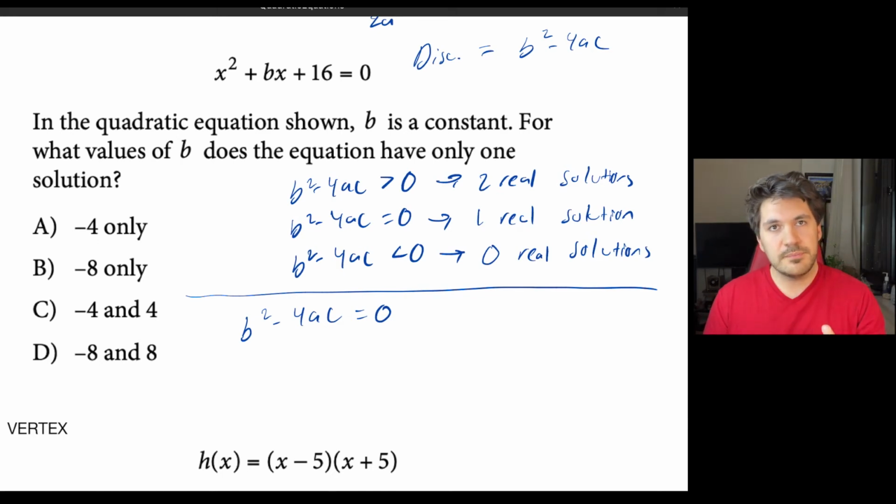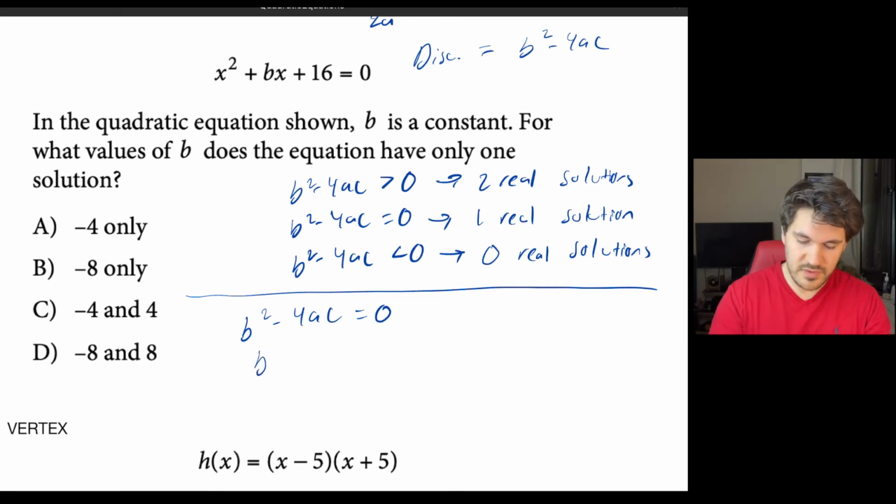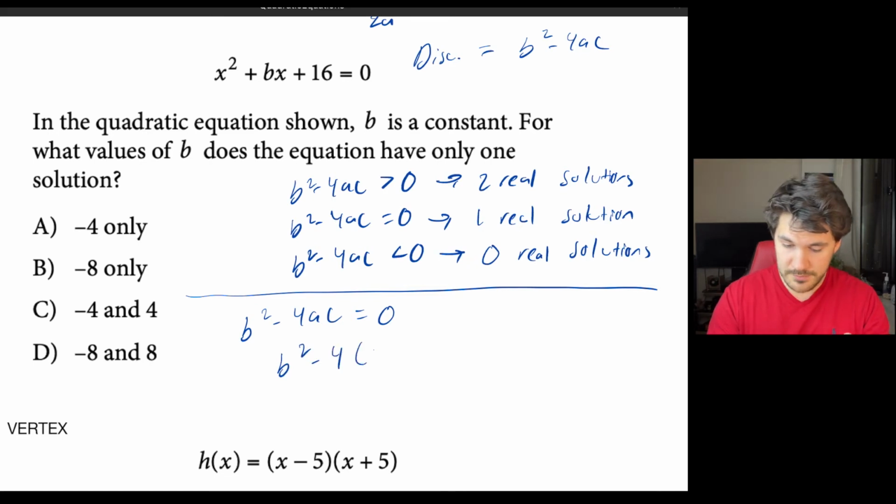Let's plug values in. We're looking for b, so we're just going to leave b there. So b squared minus 4 times a, which is 1, times c, which is 16. This has to be equal to 0.